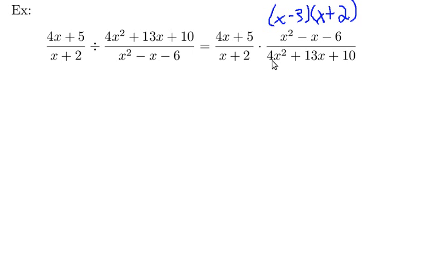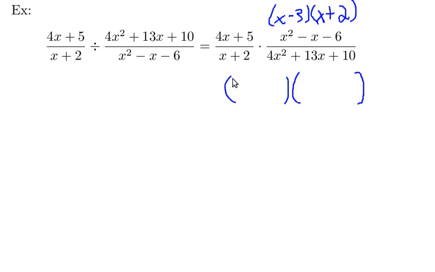Okay, now this 4x squared plus 13x plus 10 is not a perfect square, so you can guess and check with that. I will immediately say that just because I made this problem, I know what's behind it. It's going to start with a 4.